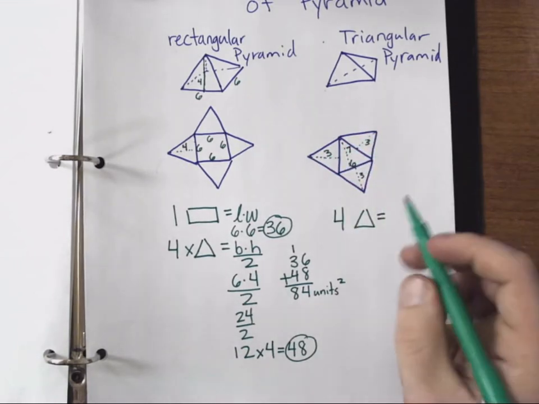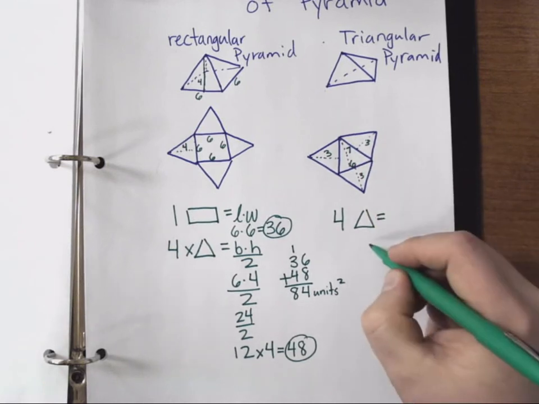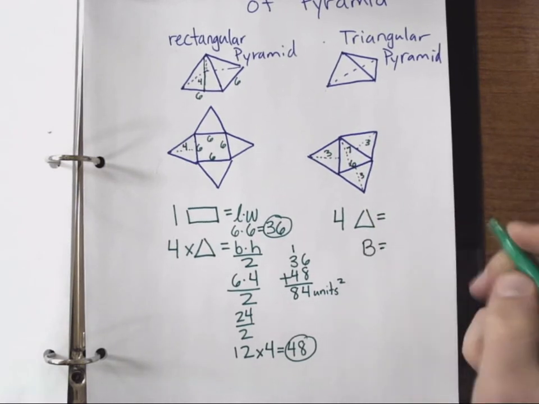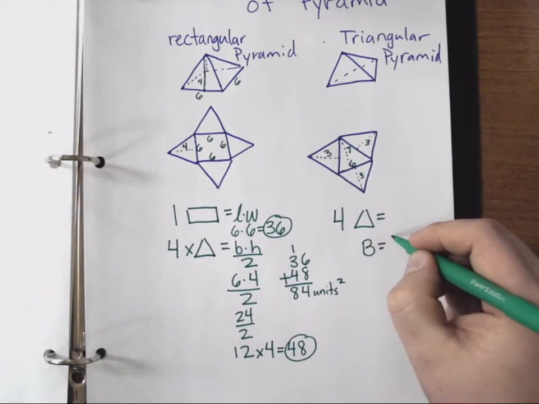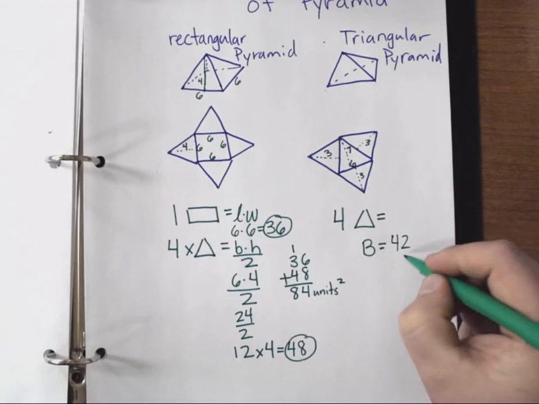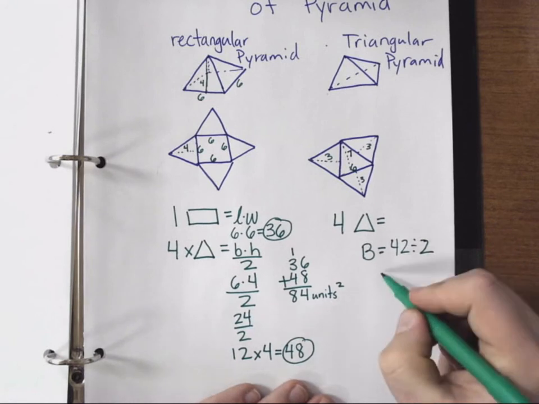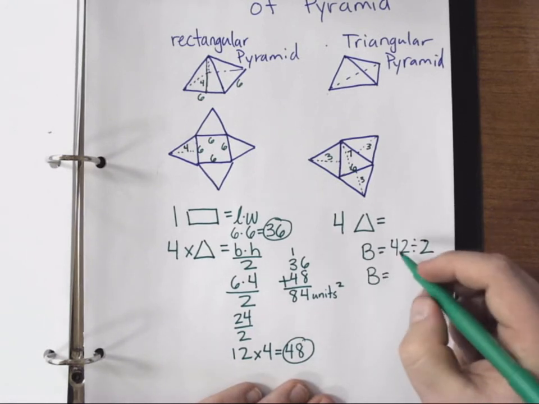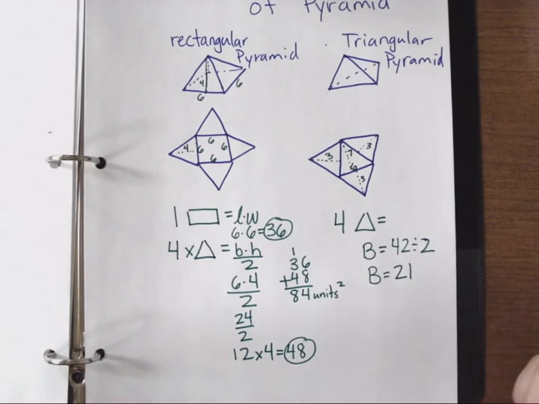Okay, so first I need to find my base triangle. My base triangle, base times height divided by 2. So 6 times 7 is 42 divided by 2. So my base equals 21.